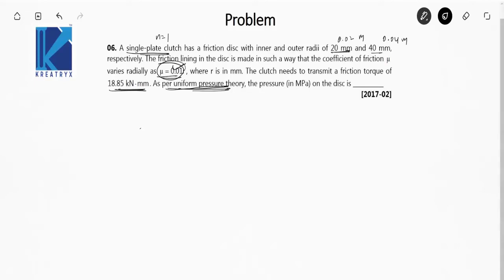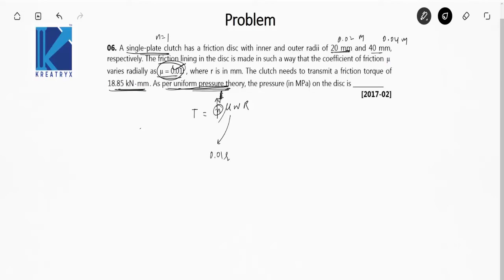Let's start: we know that the torque that can be transmitted is equal to n mu W r. n is the number of friction surfaces, in this case equal to 1. Mu is equal to 0.01 r here.